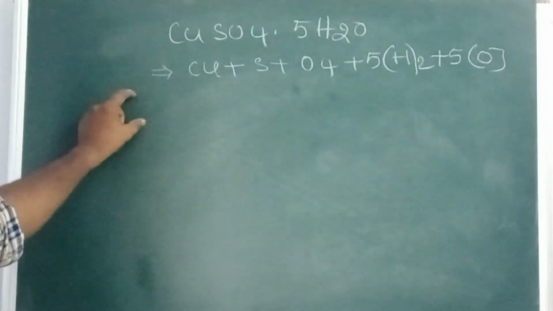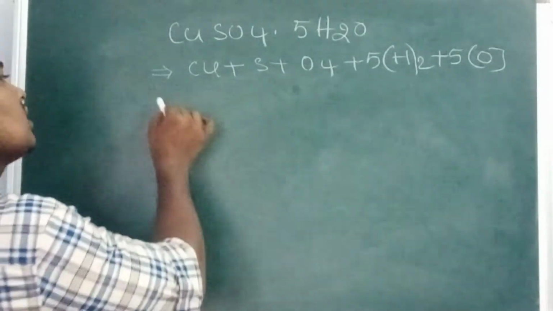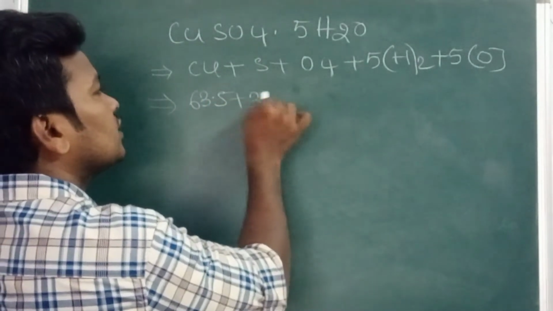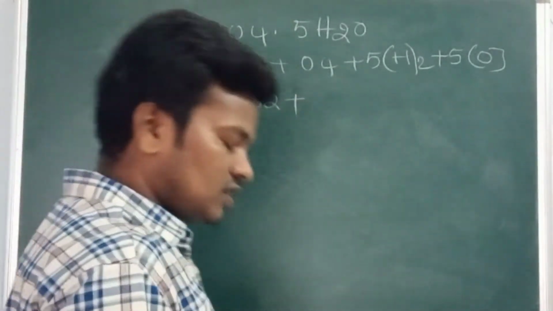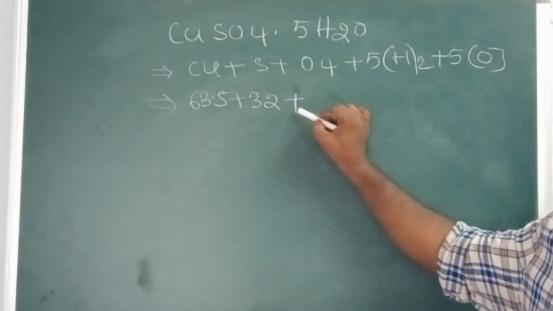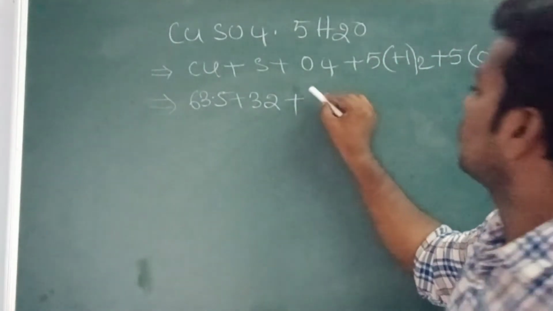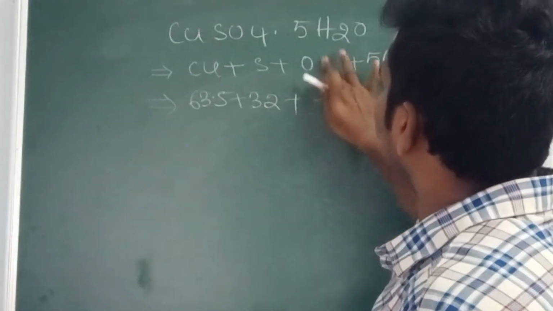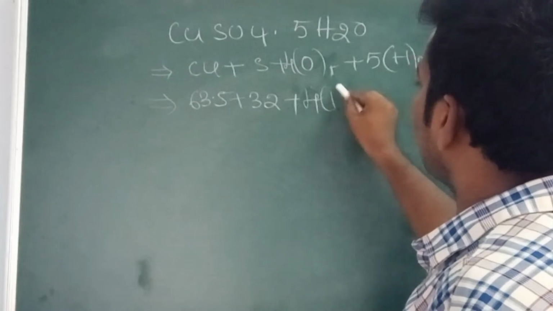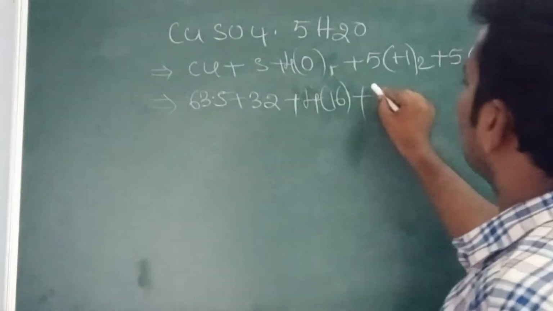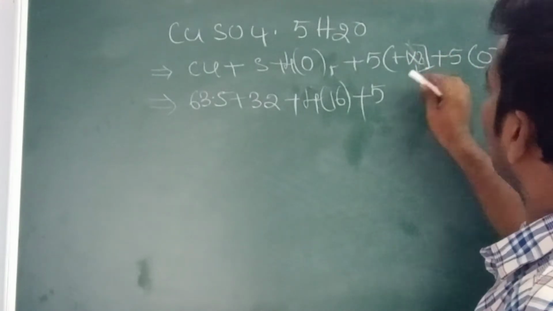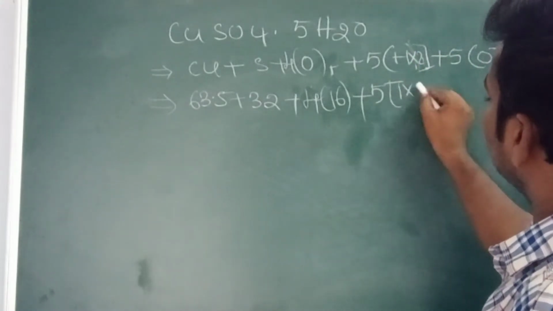What is the atomic mass of copper? Copper is 63.5. Sulfur is 32. Oxygen atomic mass is 16. So 4 oxygens are there, so 4 times 16, plus 5 hydrogens, so we have to multiply: 5 into 1 into 2.